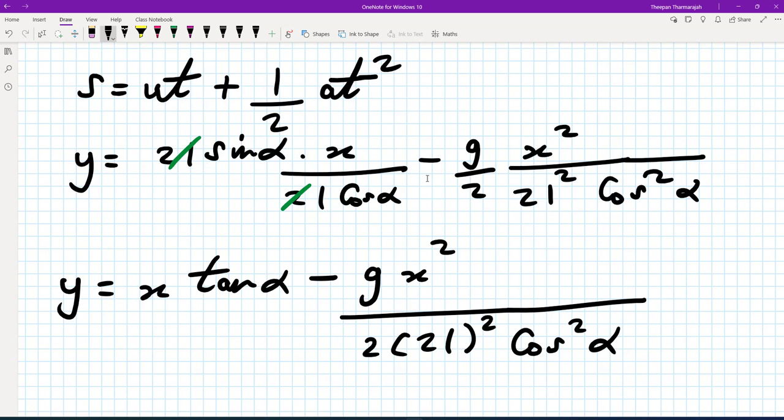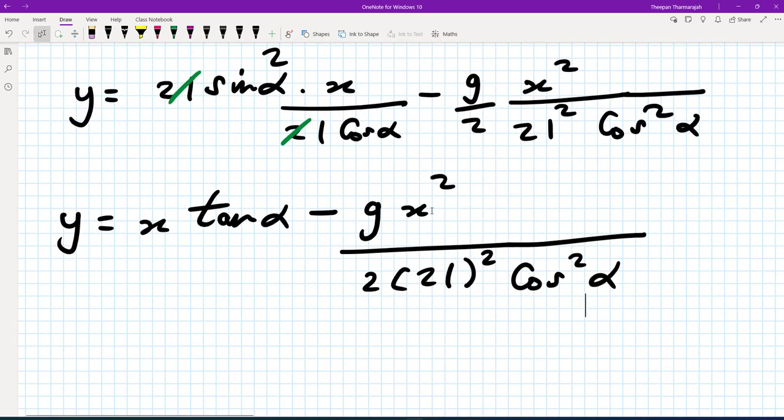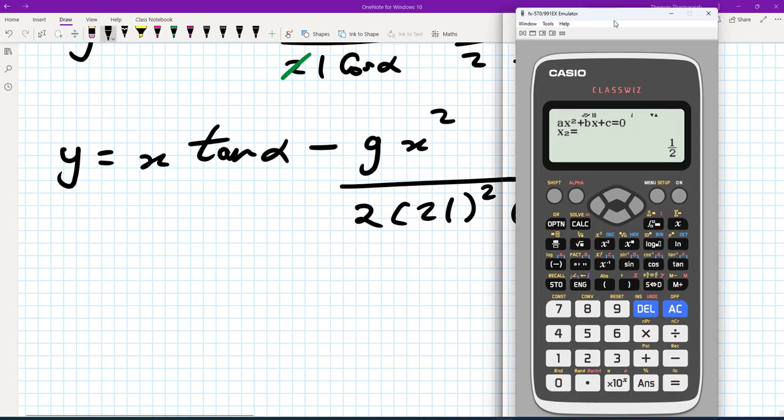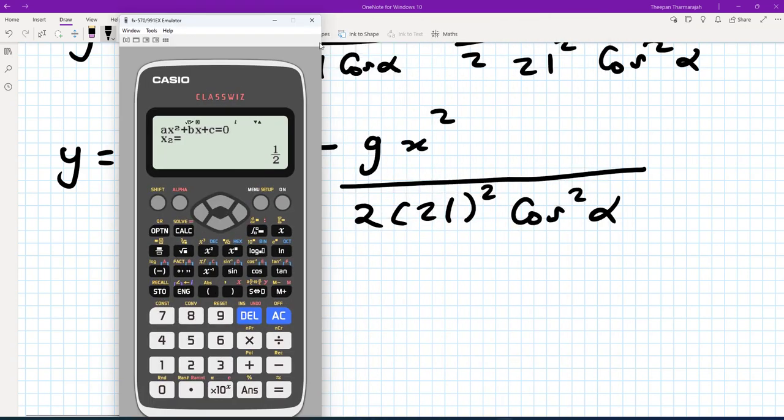Now what I was alluding to before was, if I now type these values into my calculator, which I'm going to do on the screen here. So if I now type in 9.8, which is g, over 2 times 21 squared, it should give me 1 over 90, and it does. So we get 1 over 90.